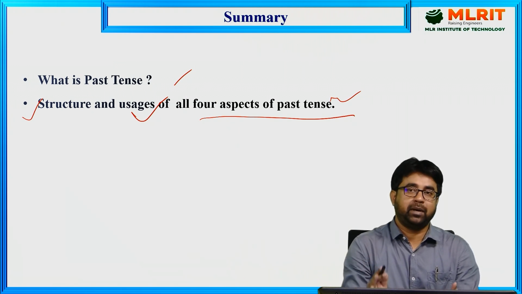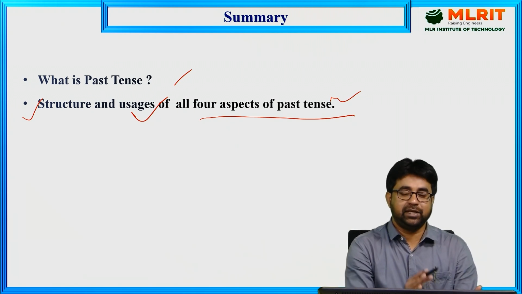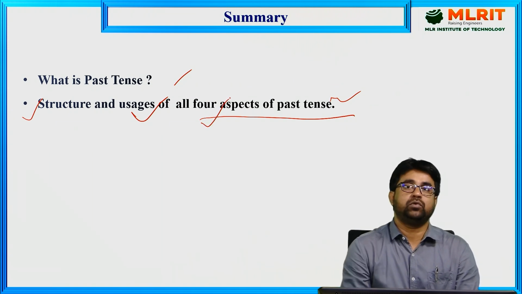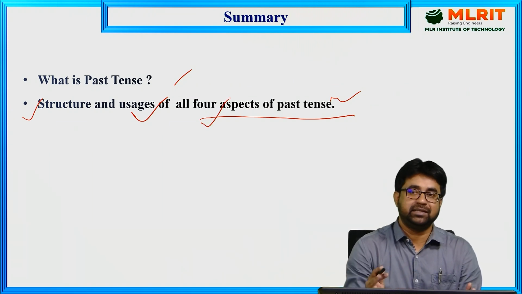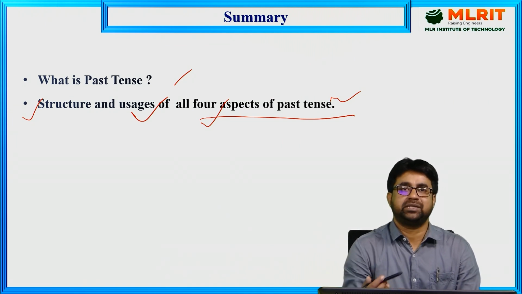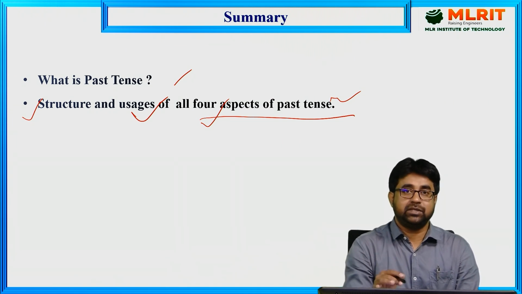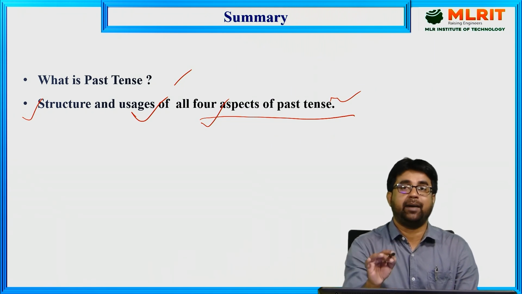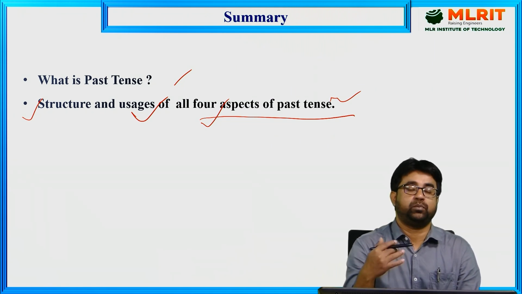So please remember, structure is important, obviously, in order to write in a grammatically correct manner, but we also need to know the usages of each one of these tenses. We cannot randomly pick any tense and start talking or writing. We need to understand the situation and the context, and accordingly pick which tense we are supposed to use.